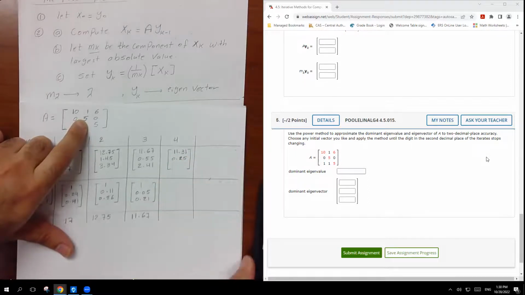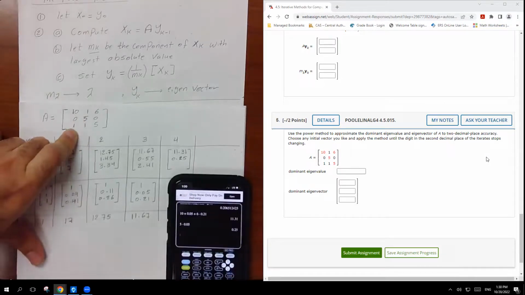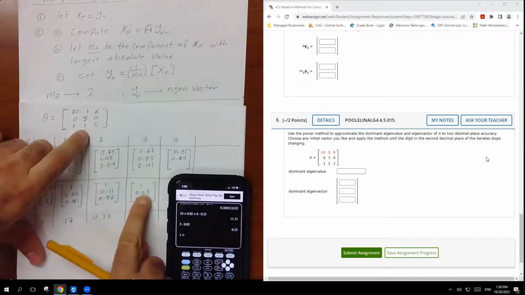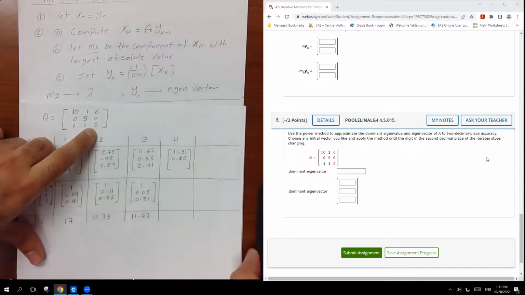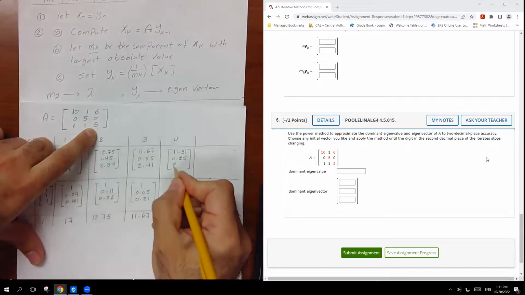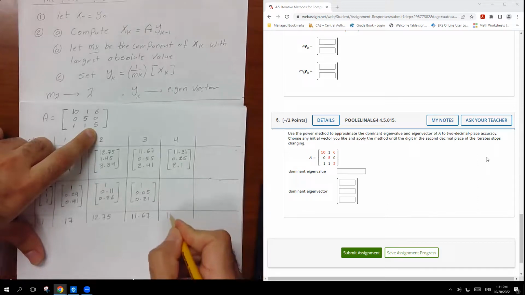And the last one is 1 times 1, so 1 plus 1 times 0.05 plus 5 times 0.21, which is 2.1. The dominant eigenvalue is going to be 11.31.